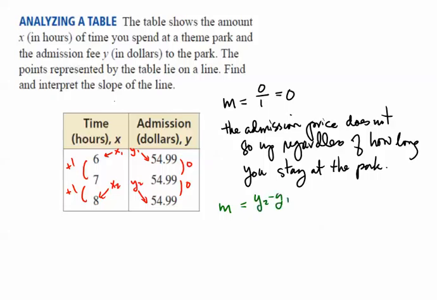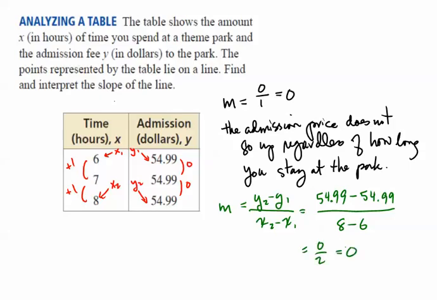Y2 minus y1 over x2 minus x1. Y2 is $54.99. Y1 is $54.99. X2 is 8. X1 is 6. And we end up with 0 over 2, which is 0.